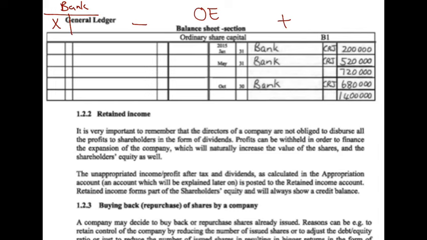And that is then the capital that the company has thus far from the issuing of shares. So the first share equity account is the capital account, which is now standing on 1.4 million Rand.